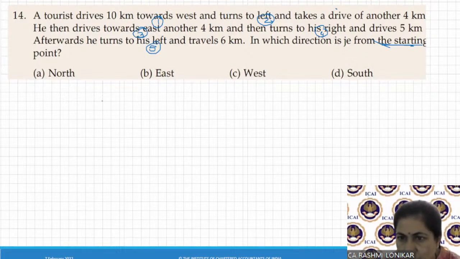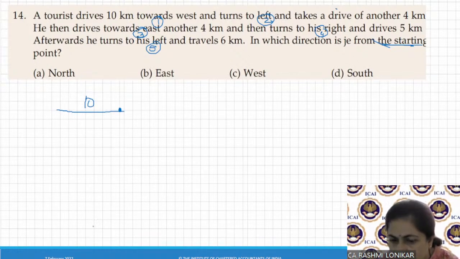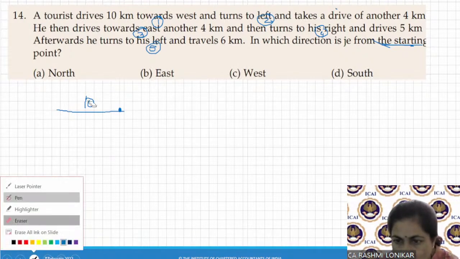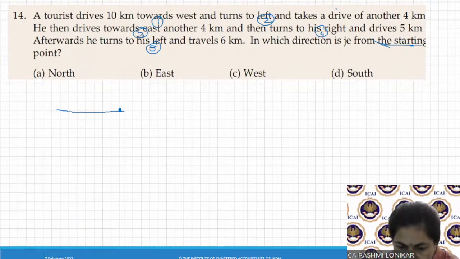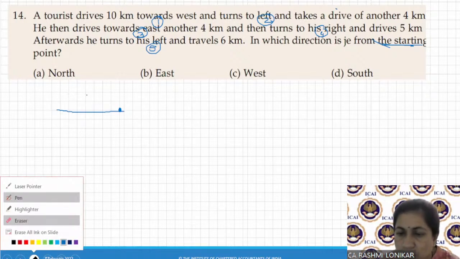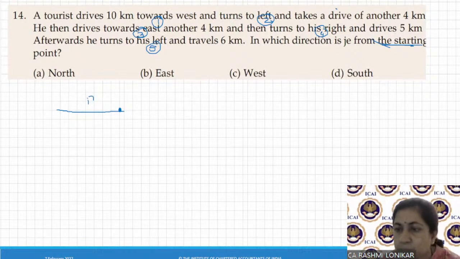So, he is over here. The tourist is over here. He is moving 10 kilometers. Okay. 10 kilometers. So, to the west. So, this is my first point.